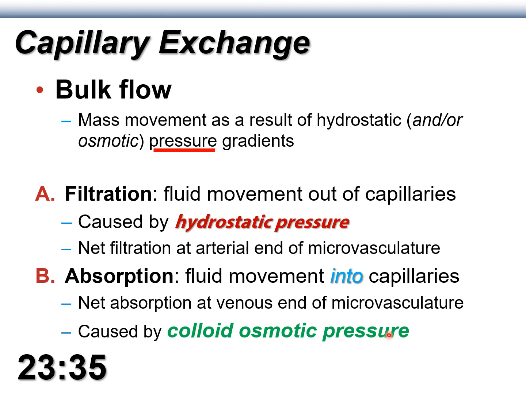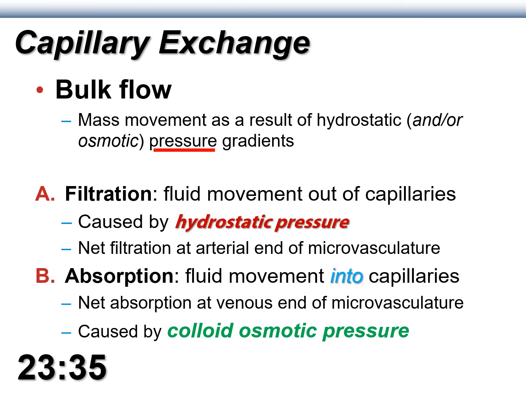This is driven by osmotic pressure gradients, okay, as opposed to hydrostatic. It actually opposes hydrostatic pressure. Where we see net absorption is closer to the venous end of a capillary, where the pressure is a little bit lower. And again, that's osmotic pressure of bulk flow, pulling fluid back from the tissues back into the capillaries.